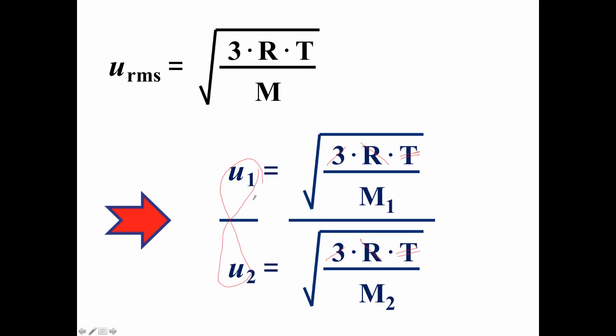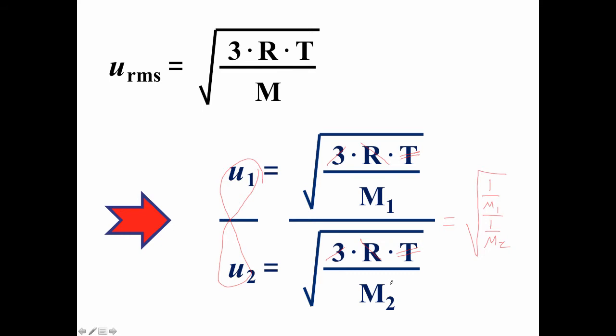So what we have is a ratio of the speed of gas 1 to the speed of gas 2 is equal to the square root of 1 over m1 over 1 over m2. Everything else cancels out.